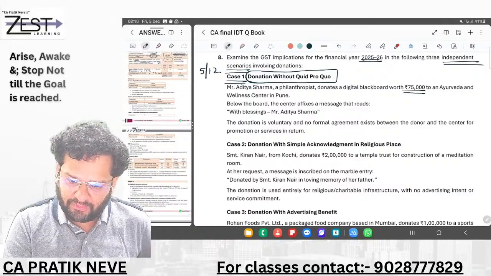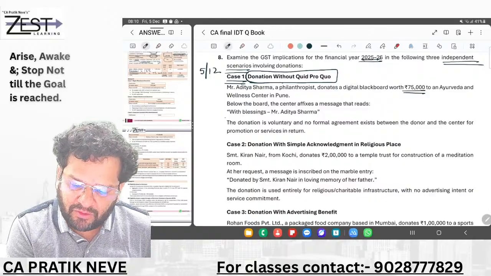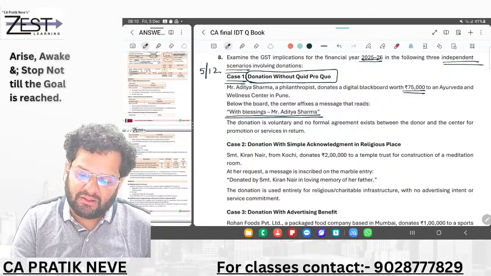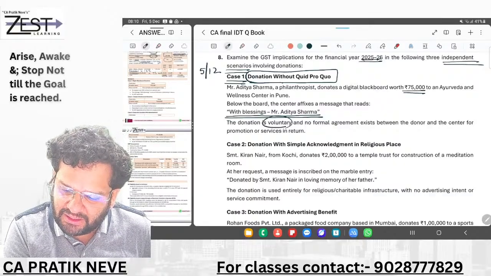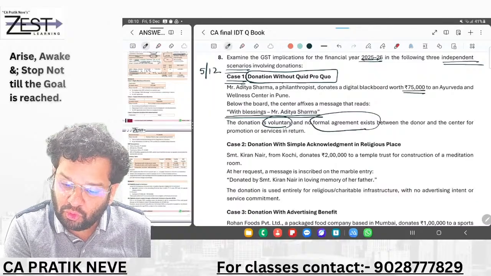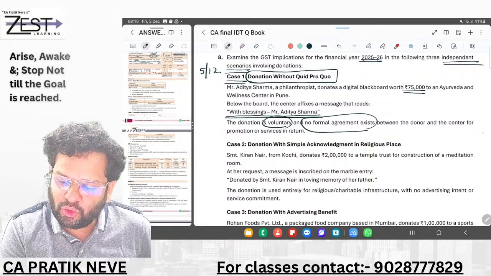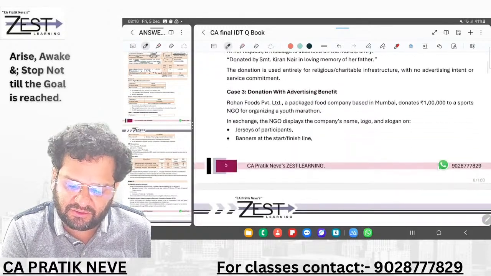Below the board, the center affixes a message that reads, "With blessings from Mr. Aditya Sharma." The donation is voluntary. No formal agreement exists between donor and the center for promotion or services in return.